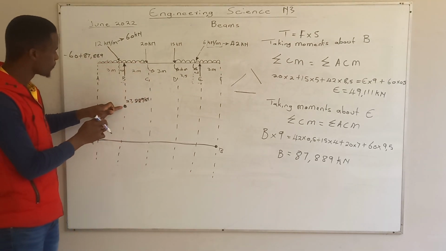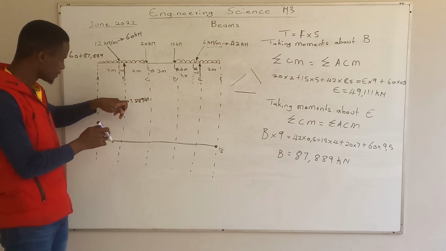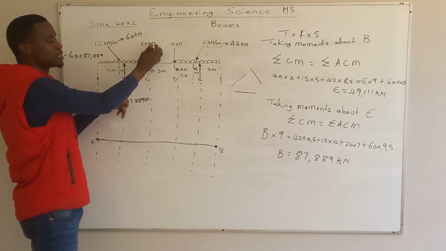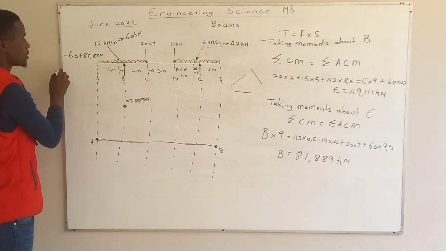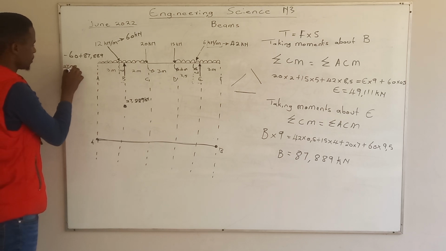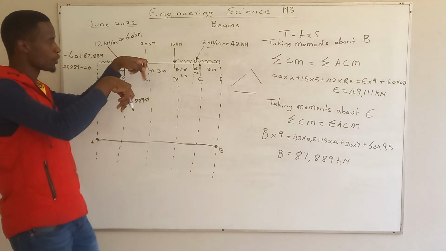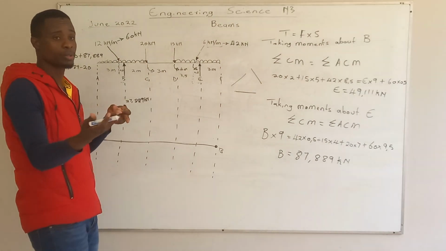So from B, you say this 27.889, then you're going to say this value subtract 20. So now it's 27.889 subtract 20. We subtract 20 because it's going down. If 20 was going up, it was going to be addition.